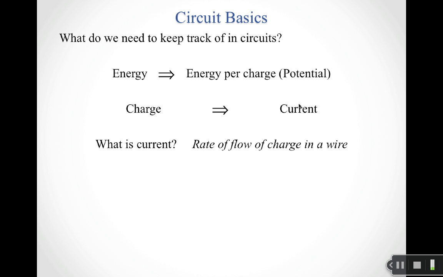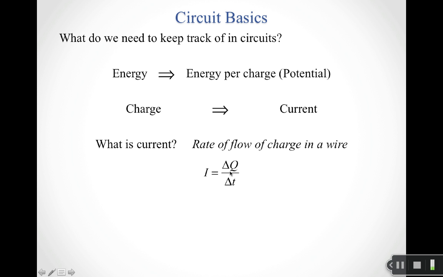This is no different from talking about the current of a river, right? You watch some amount of water flow by in a certain amount of time. It's just that the current that we're interested in within our circuits is a charge current.